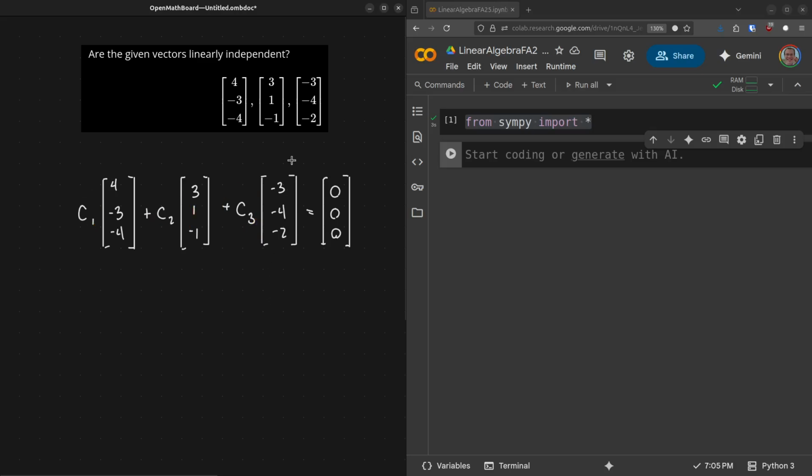If that's the case, if it has only the trivial solution, they're linearly independent. Okay, so we need to check how many solutions this has.